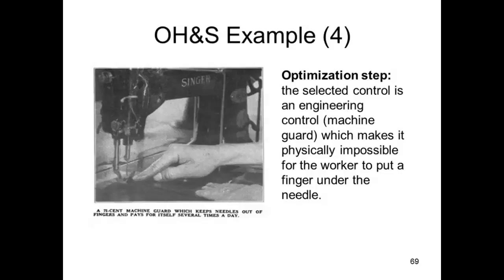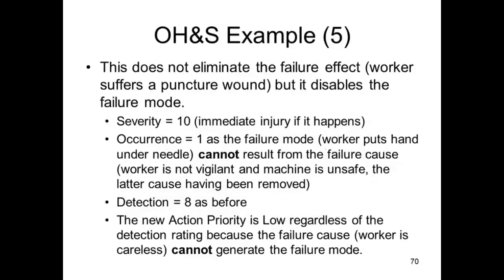Now, it doesn't eliminate the failure effect, but it disables the failure mode. So the severity is still 10, but the occurrence rating is now 1 because it's physically impossible. And regardless of the detection rating, the occurrence rating of 1 reduces the action priority to low.